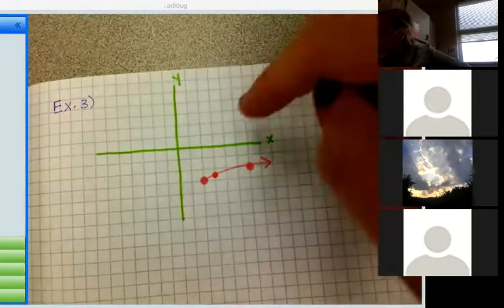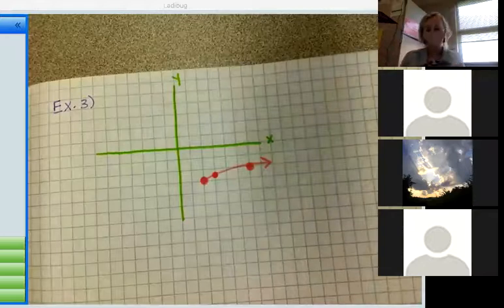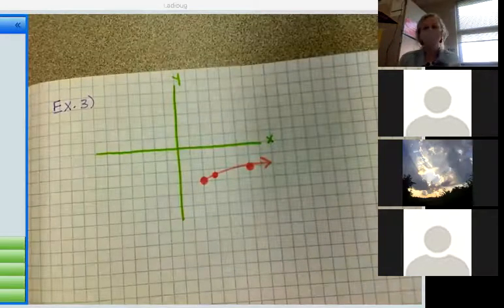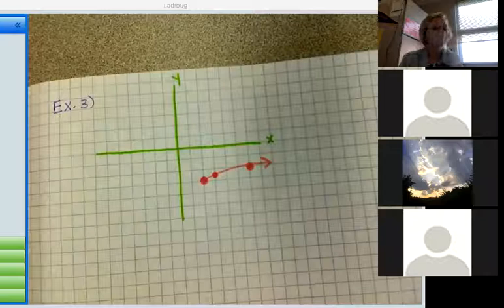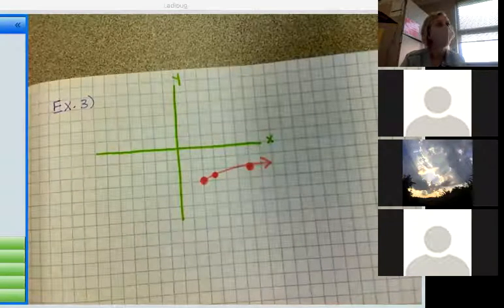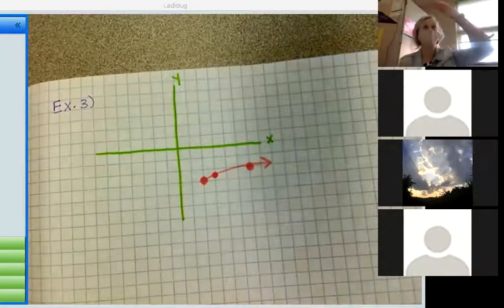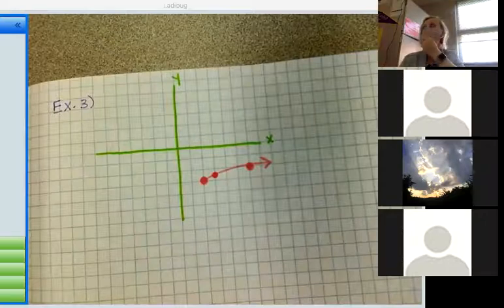And then the last one is 6, -2. Are we okay? All right, what kind of function is this? Good, square root function. It looks like half of the U, right? And it's sideways? Okay, good, square root function.